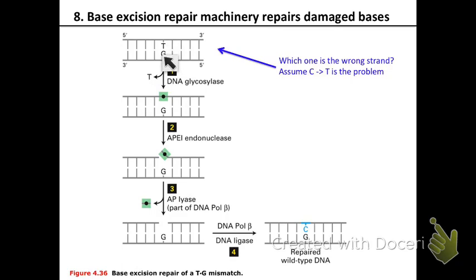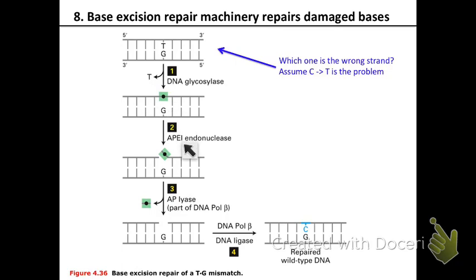But throughout millions of years of evolution, there are proteins that have evolved to assume that this T to G mismatch is due to a methylated cytosine turning into a T, right? And now what it does is it assumes that this is the wrong nucleotide. So it comes in, and the first thing that it does is it removes the base. So it removes the T base, leaving an abasic site. Okay, so this is an intact sugar phosphate backbone, but it's missing the base.